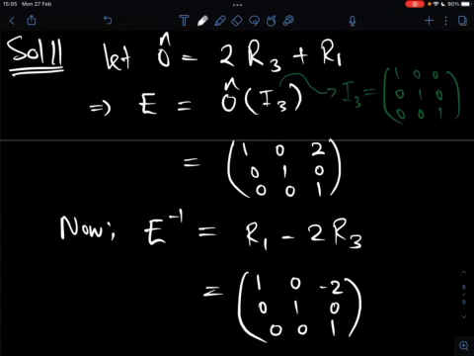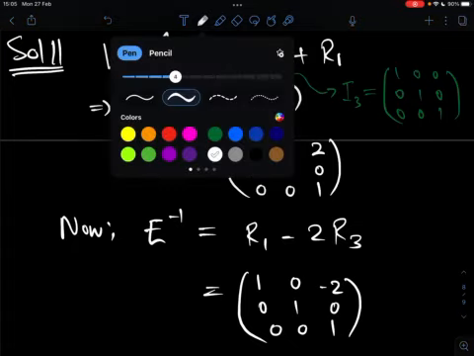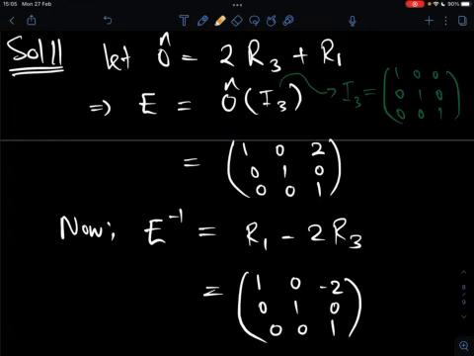If you check closely, you will see that there has been a change. In the original matrix, that 2 was positive. Now this 2 is negative. So this is one thing that I have to highlight: the sign change.